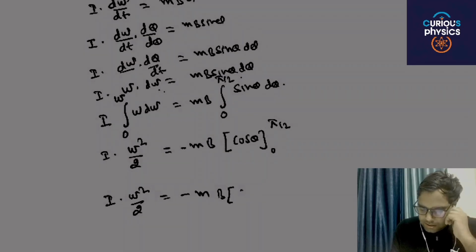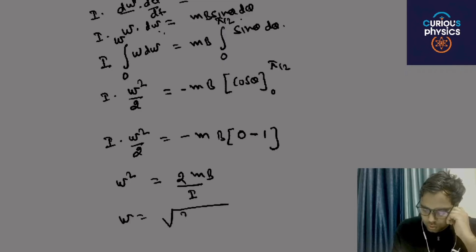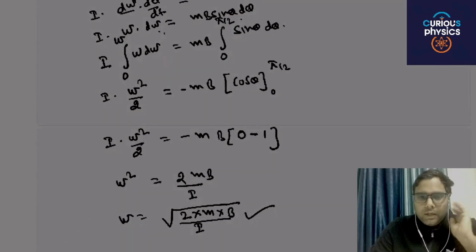Cos 90 is 0, cos 0 is 1, minus minus gives plus, so omega square is equal to MB times 2 divided by I. Omega is equal to the square root of 2MB by I. You know the value of m, the value of b, and the value of I, which is the moment of inertia. After solving this, you will get the value of omega. Are you able to understand this concept? This is simple mechanics.